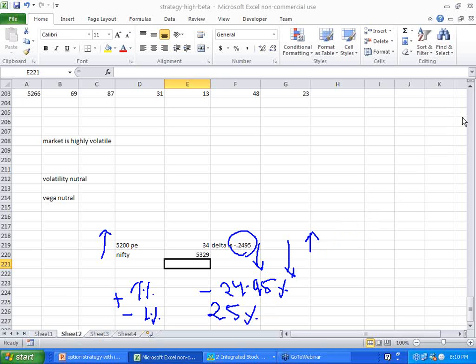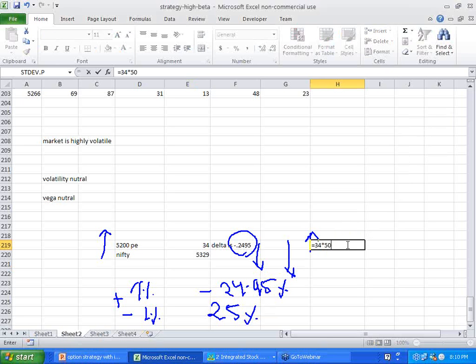If you are investing one lot of money here, which is 34 into 50, your money can reduce by 24%. That is, multiply by 24 divided by 100 and subtract it from this. If Nifty goes up by 1%, your money will become 1292.